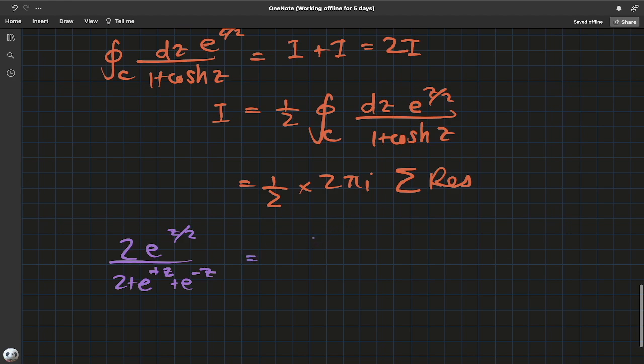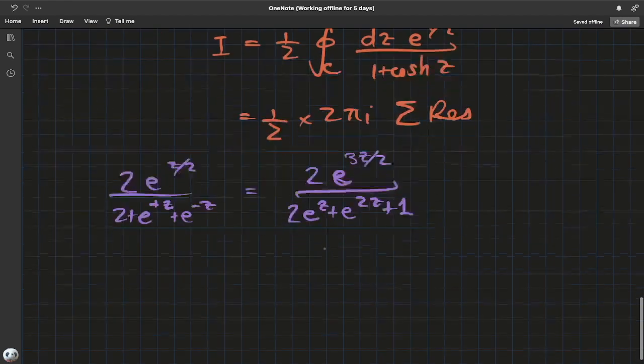So I can write e raised to z in all positive powers, because e raised to negative z is 1 over e raised to z. So I can cross multiply that. I'll have e raised to z over 2 times e raised to z, which is e raised to 3z over 2, over 2 e raised to z plus e raised to 2z plus 1.